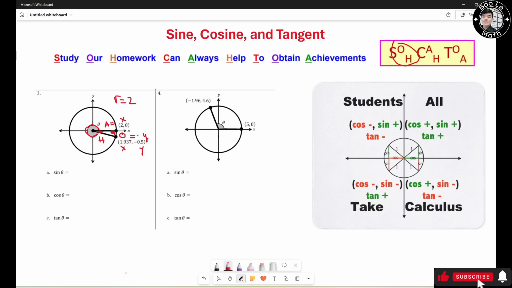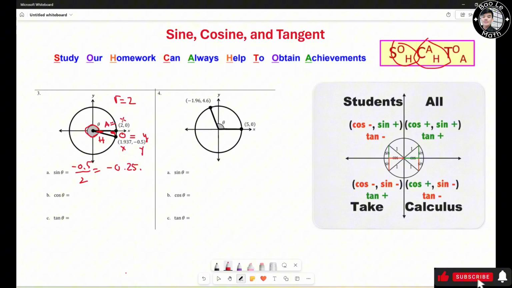Opposite is going to be the y value. Y value is -0.5, right? So -0.5 over hypotenuse is going to be 2, right? So -0.5 divided by 2 is going to be -0.25, right?